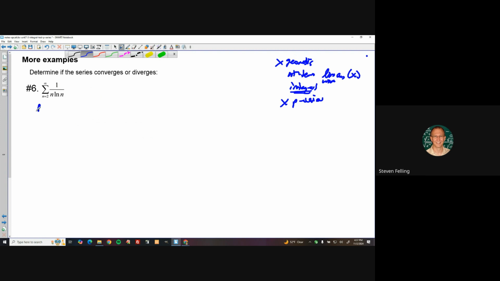The integral test means that we replace this with a function, 1 over x natural log of x. We have to assert that that is positive, and that's true. This starts at 2. Natural log of 2 is a positive number. Thinking about the natural log curve real quickly, this is the point (1, 0).